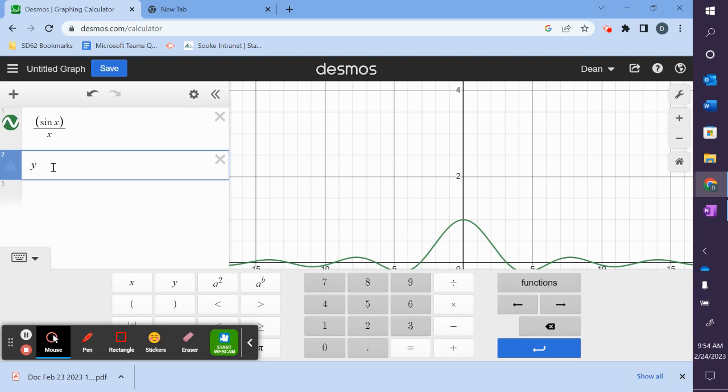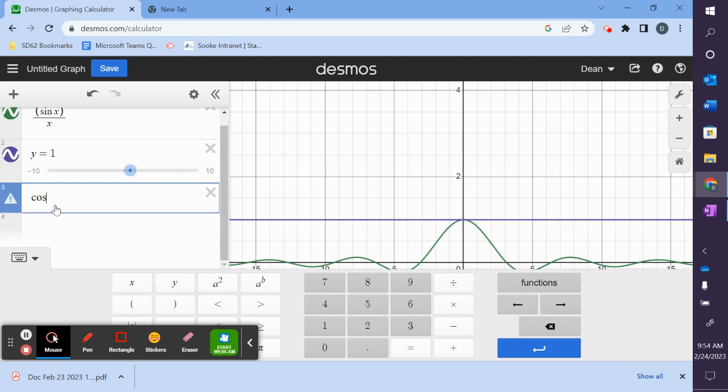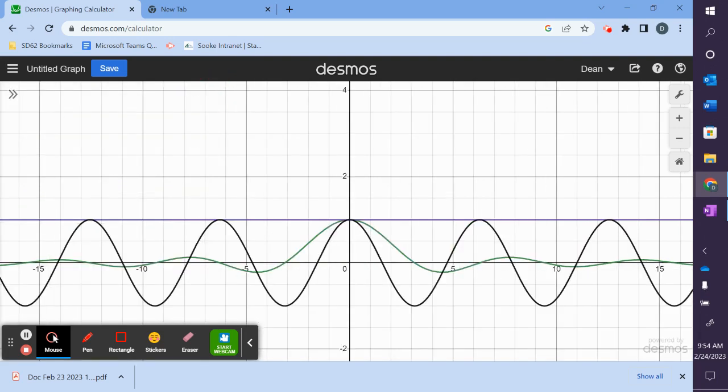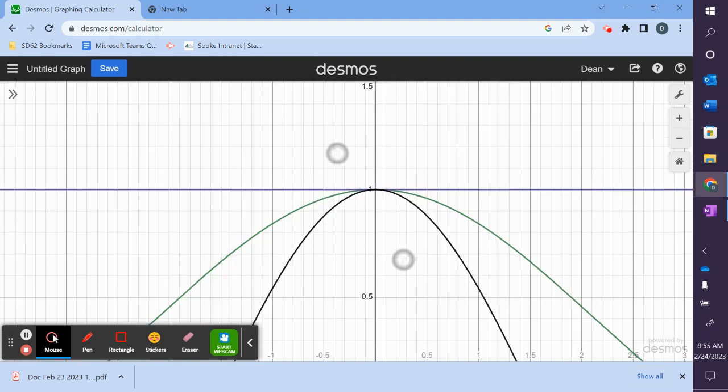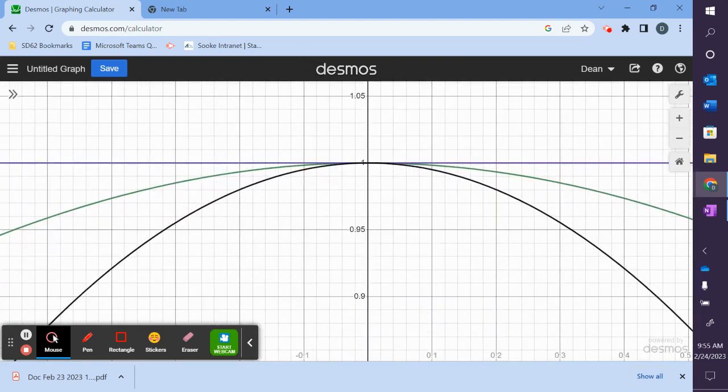If I do y is equal to 1, there's that graph, and then cos x, you can see that it gets squeezed between them as you head to 0. So as long as you know the two other limits, you know the limit of that one. Okay?